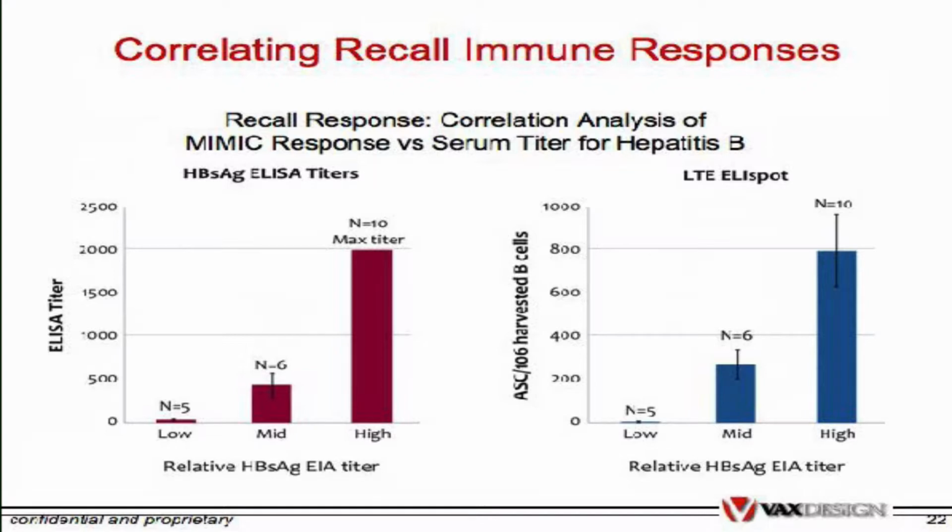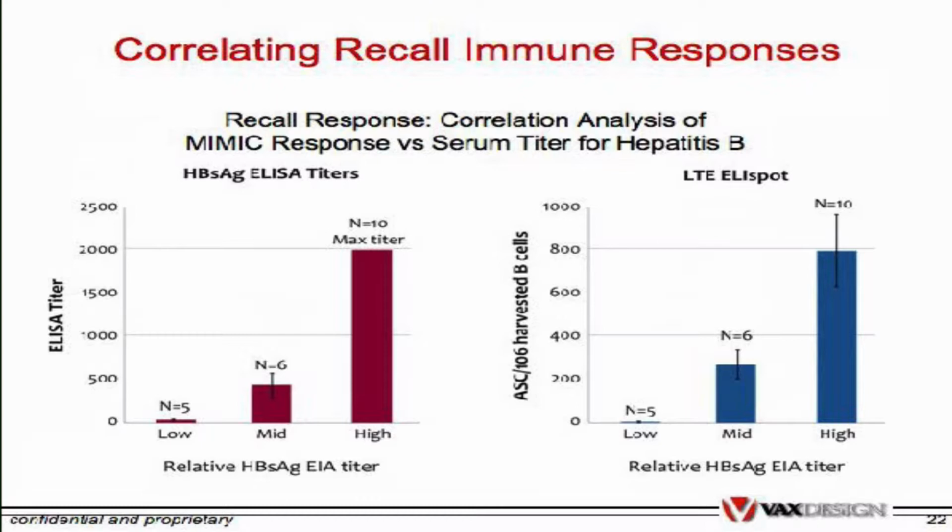In correlating recall responses, for example, this is a series of donors that had previously been tested to find out what their serum levels were for hepatitis B surface antigen antibodies, and then generating results in the mimic system and looking at antibodies that were produced or antigen-specific cells that were secreting antibody to the hepatitis B surface antigen.